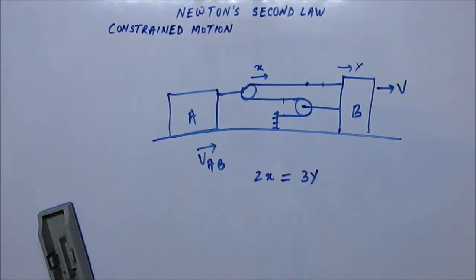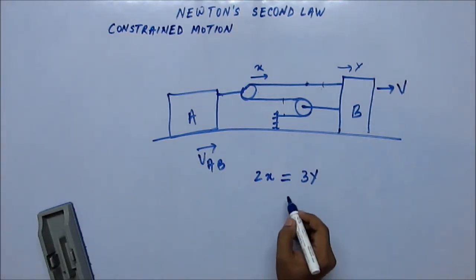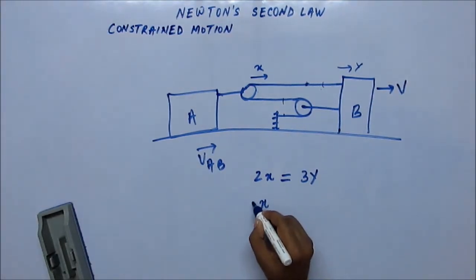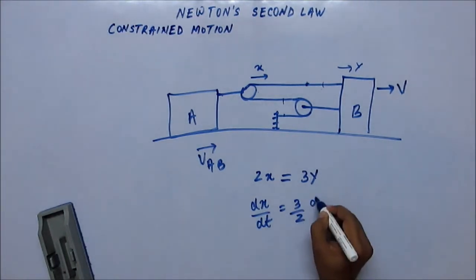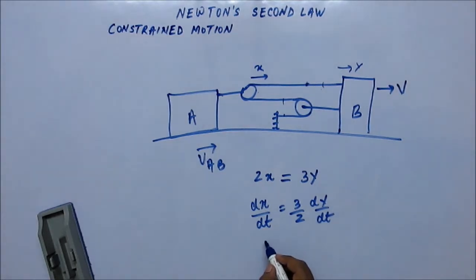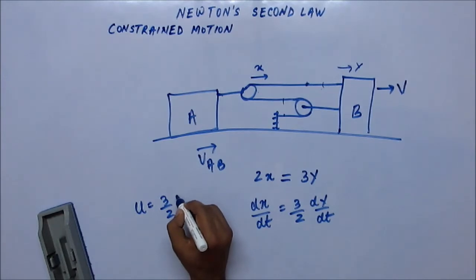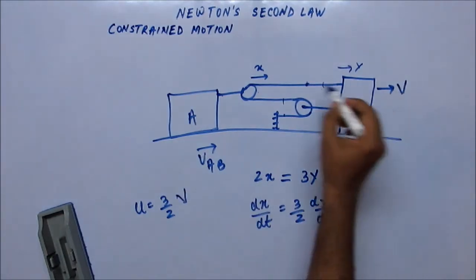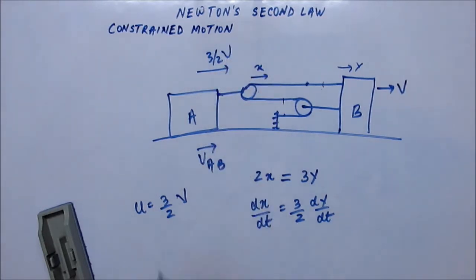So this should be the relation between the displacement of A and B. So the velocity of A, dx upon dt, would be equal to 3 by 2 times dy upon dt. Fine. So the velocity u will be 3 by 2 times v. So if this is going with velocity v, this is going with 3 by 2 into v velocity.